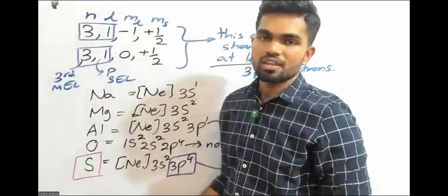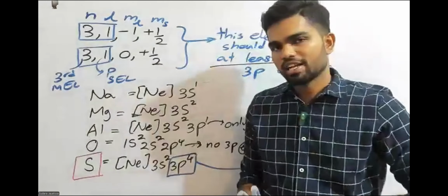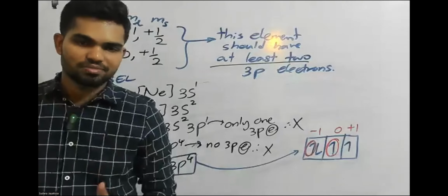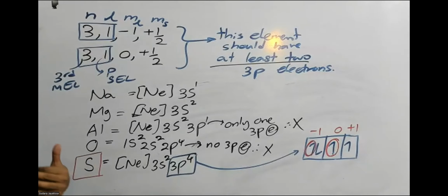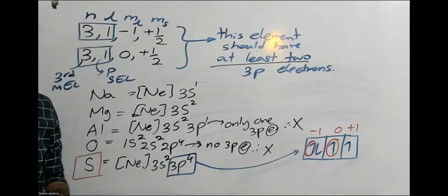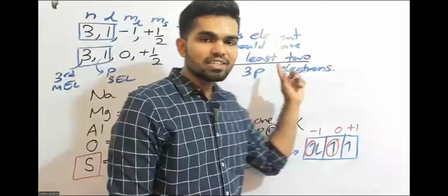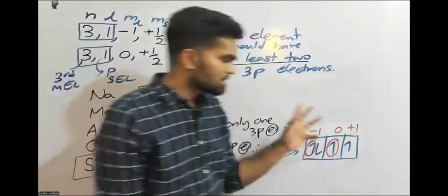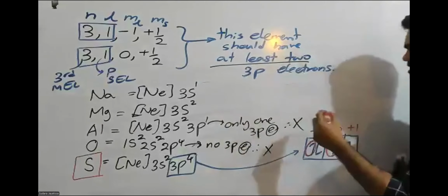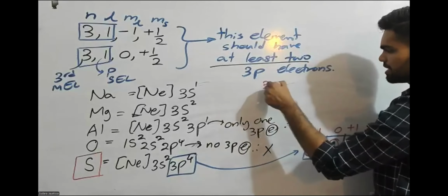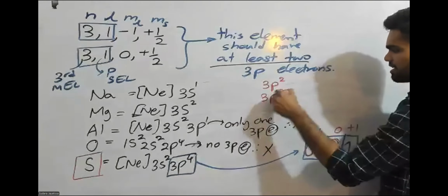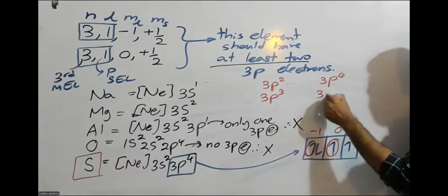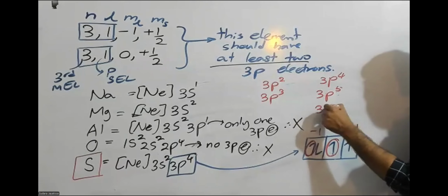Sulfur is the answer. Now one of the students, when I put this paper, asked whether this should be silicon. My response was, this can be silicon also. Why? Because our condition is that it should have at least 2 3p electrons, right? So basically this element can be from 3p2, 3p3, 3p4, 3p5, 3p6, any element can be included here.